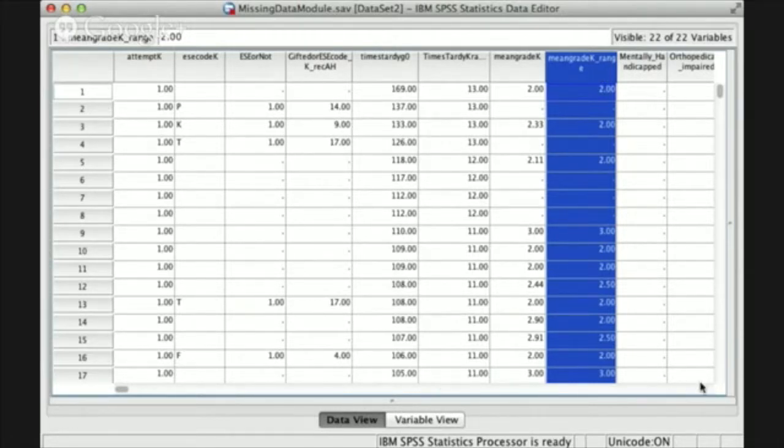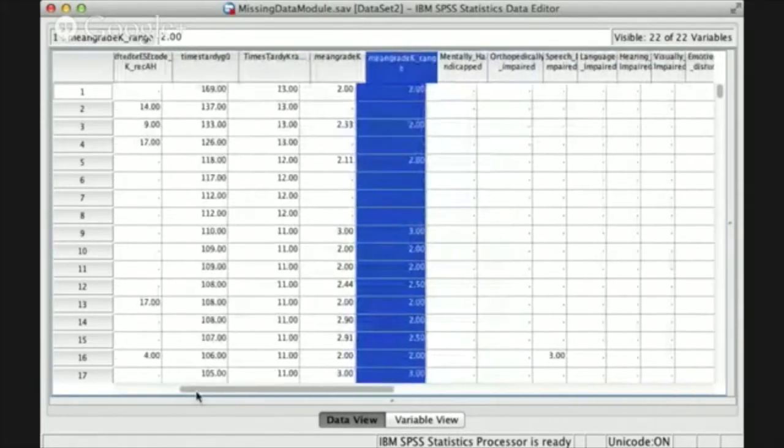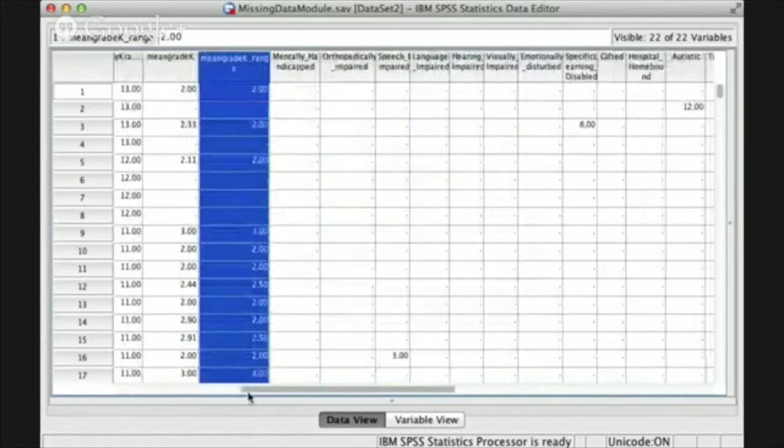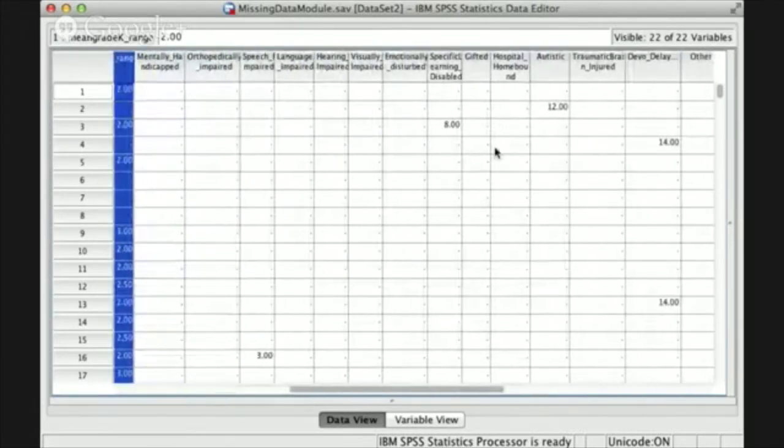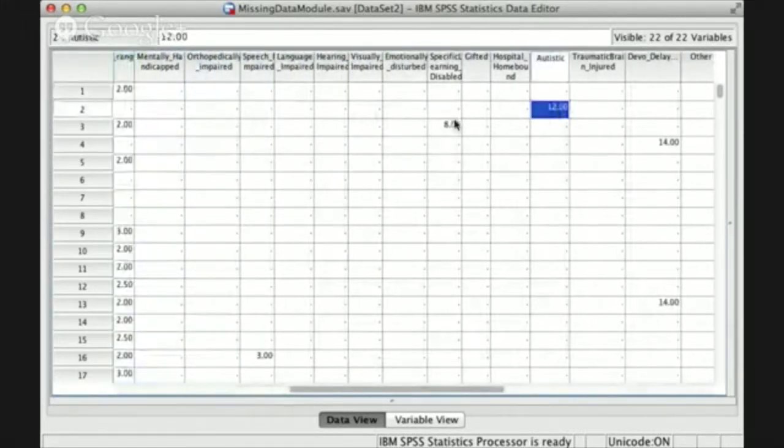And then I have all of the ESE codes that are possible that show up in the data set, like kid with autism right there.